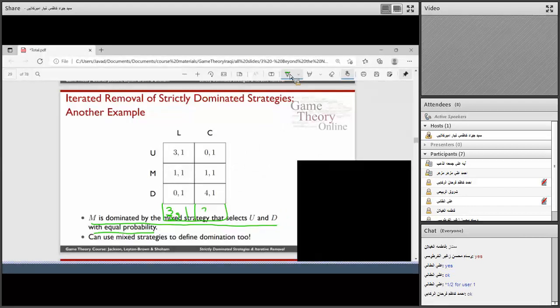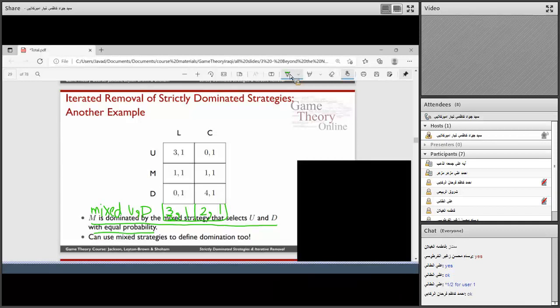And then 0 plus 4 over 2 is 2. And 1 half plus 1 half is 1. Now mixed U and D dominates M.